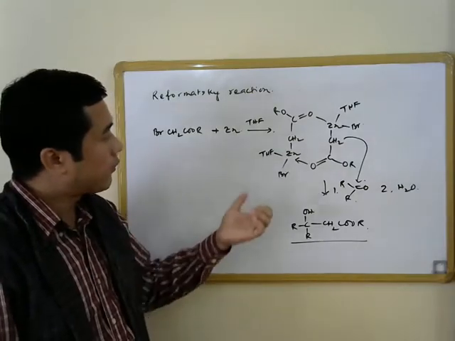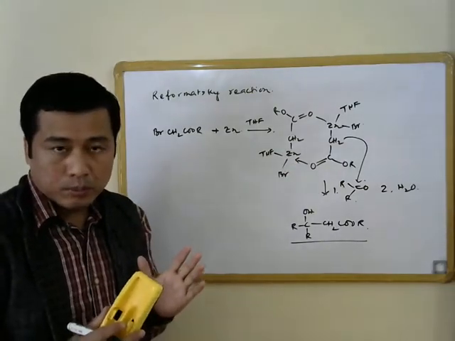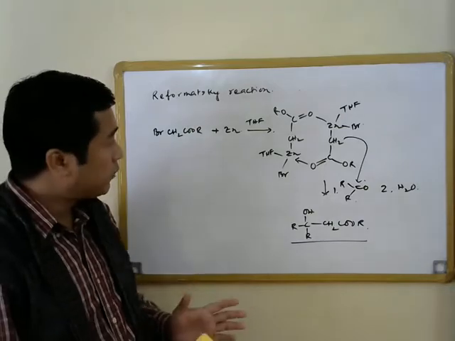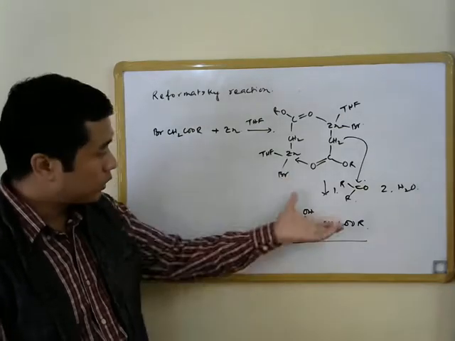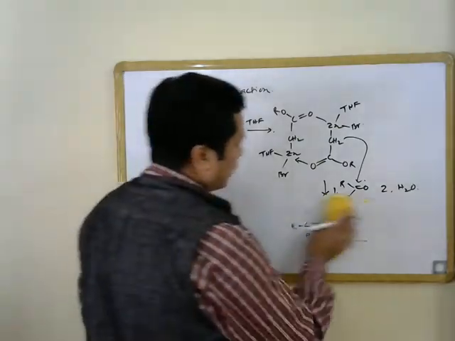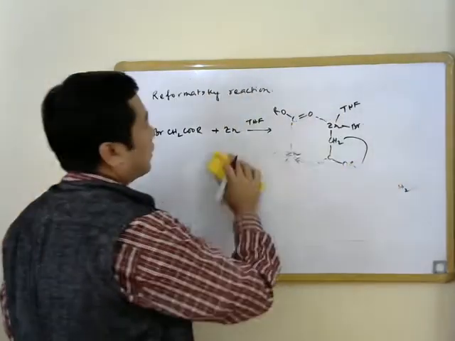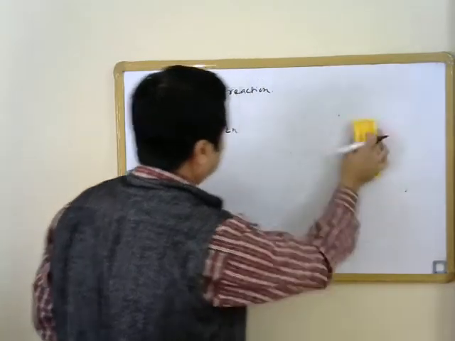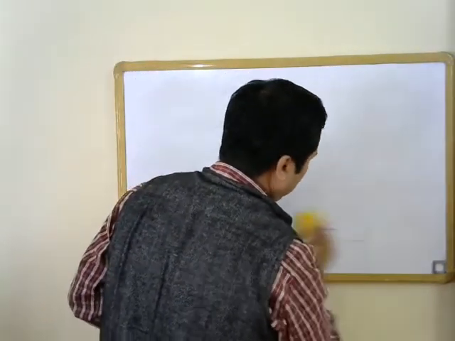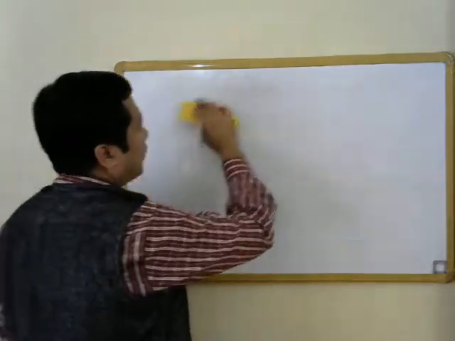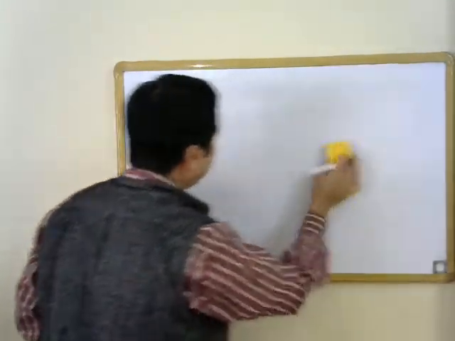So what we see is that a dinuclear organozinc intermediate is formed in the Reformatsky reaction, and formation of this intermediate is important for completion of this Reformatsky reaction. Another important application of organozinc compounds is as organozinc carbenoids.